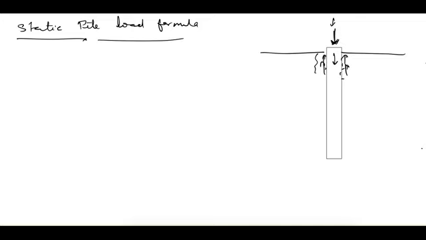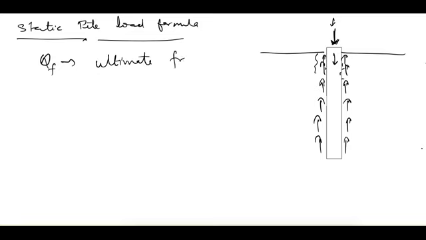If we further increase the load, more friction is mobilized, and if we keep on increasing, we will reach a point where the complete length of the pile is contributing towards the frictional resistance. The total frictional resistance is known as ultimate frictional resistance.